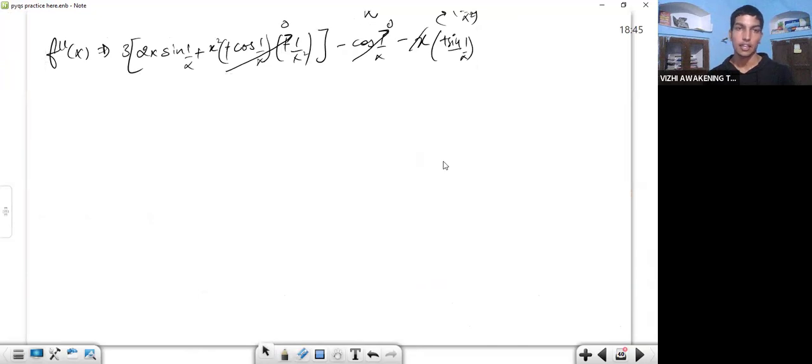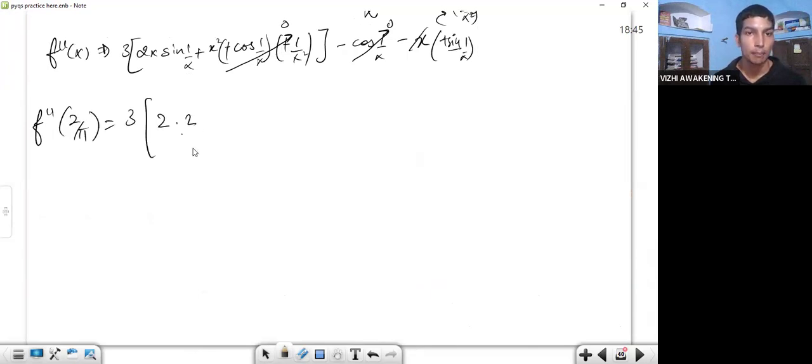Yes, let's substitute x as 2 by pi. 3 into 2 into 2 by pi into sine of 1 by x has become 1, plus 0, minus this has become 0. And further this x into sine of 1 by x has also become 1.